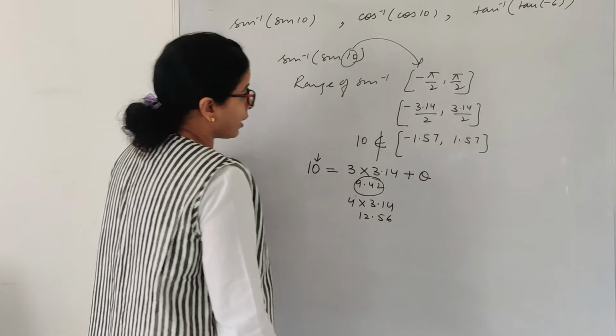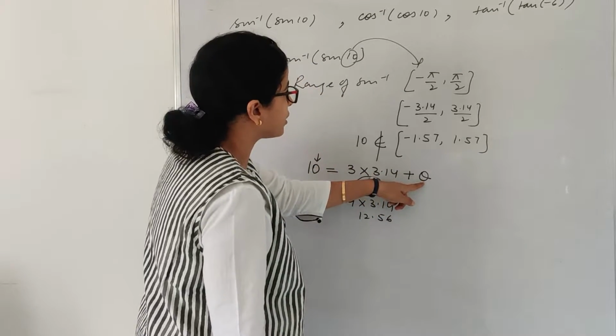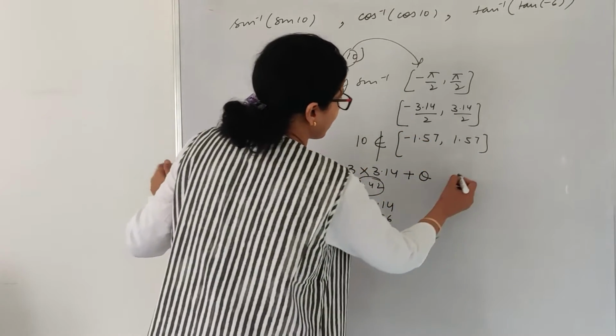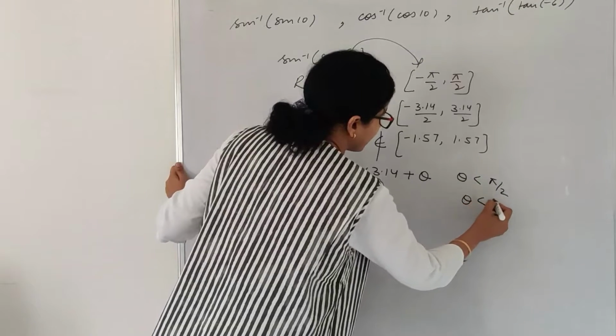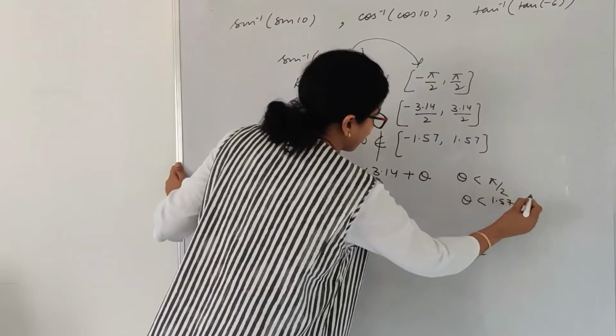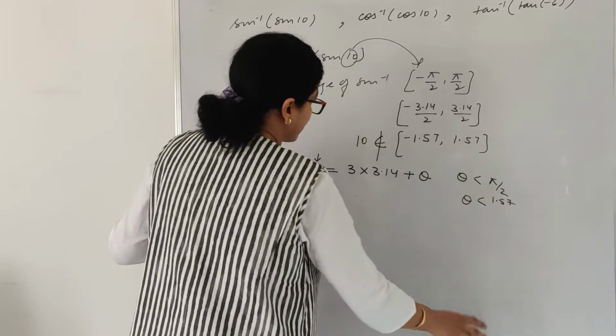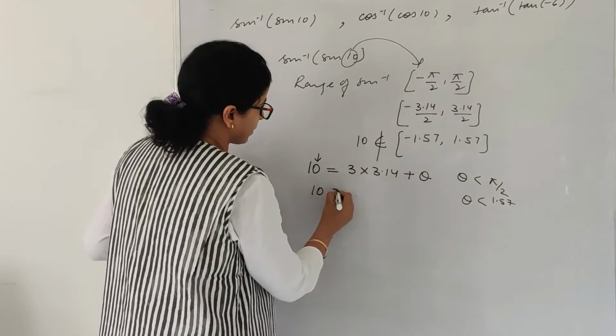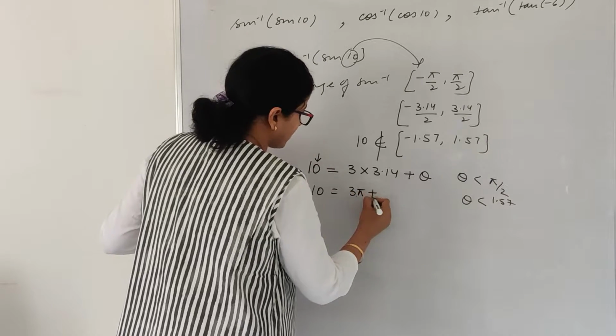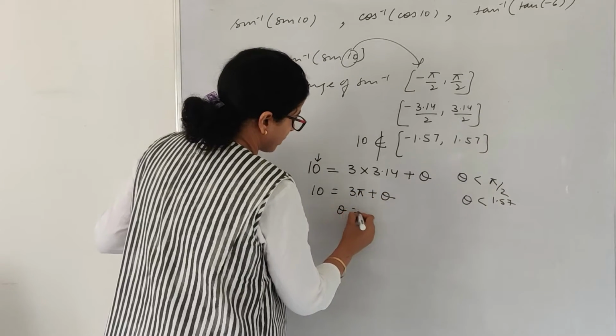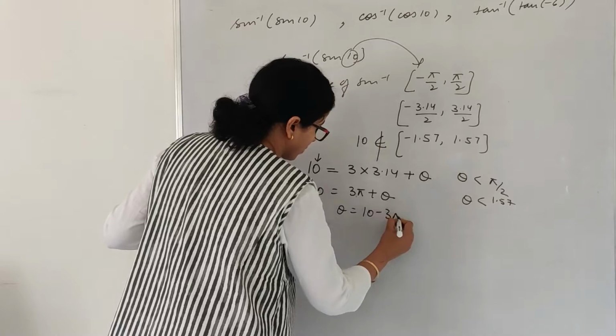Always remember this theta should be less than pi by 2, meaning less than 1.57, otherwise the quadrant will change. So 10 is equal to 3 pi plus theta, or theta is equal to 10 minus 3 pi.